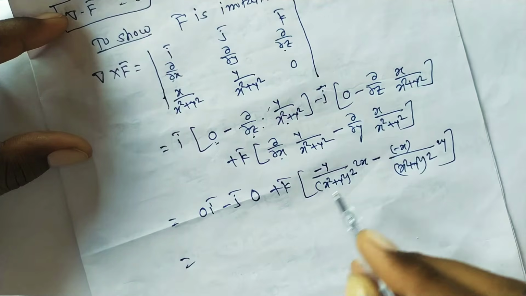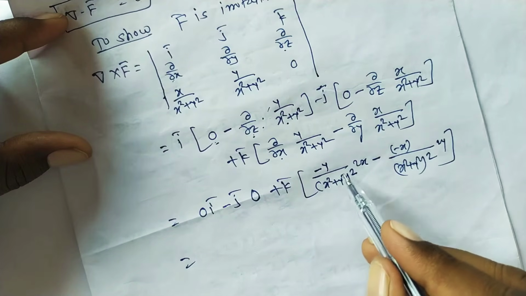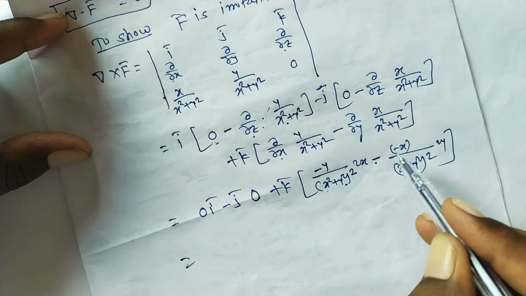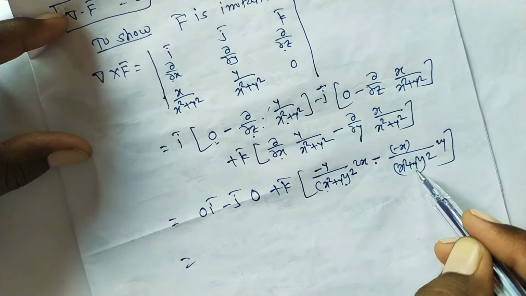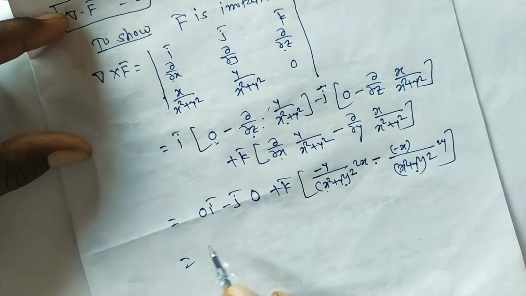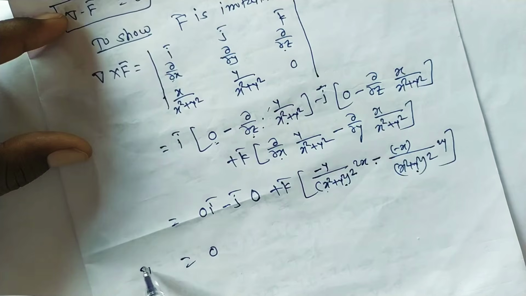So if you observe carefully, the minus 2xy upon (x square plus y square) whole square and the plus 2xy upon (x square plus y square) whole square cancel, meaning we get 0 k bar again, so this is equal to 0, meaning del cross f bar equal to 0.